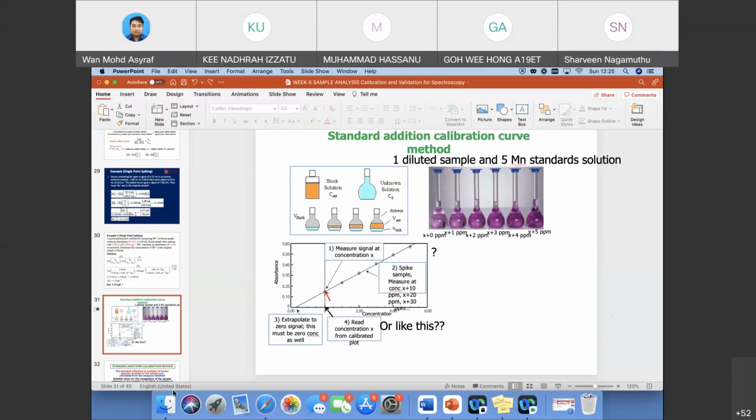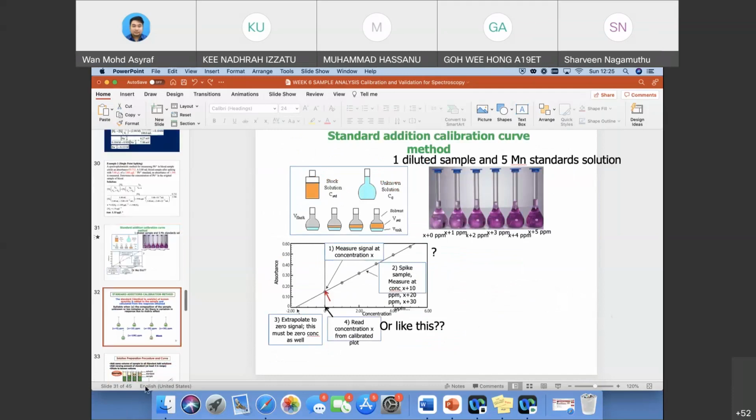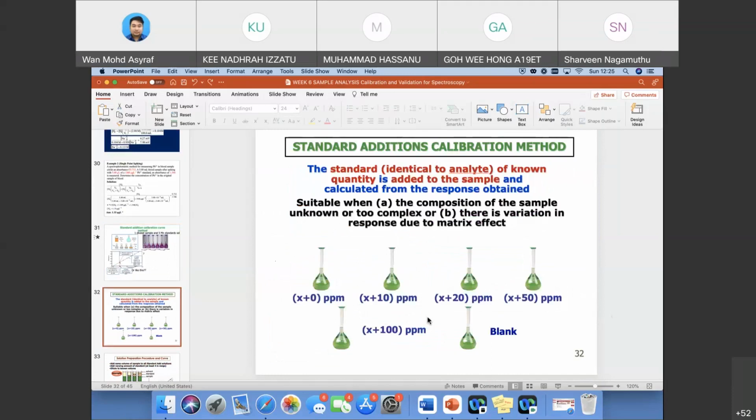Now we are going to look into the standard addition calibration curve method. The standard, which is identical to the analyte of known quantity, is added to the sample and calculated from the response obtained.